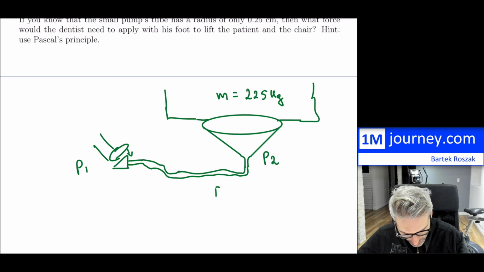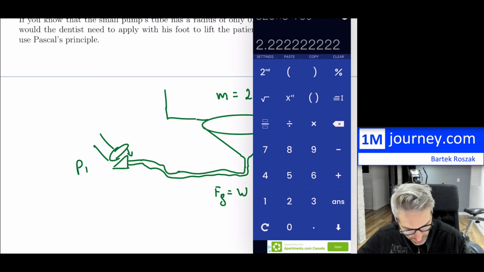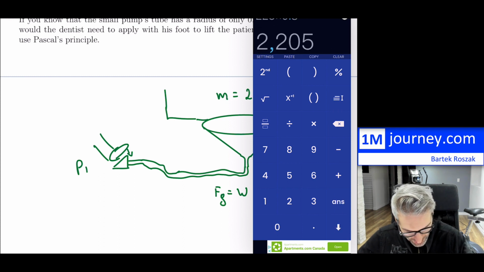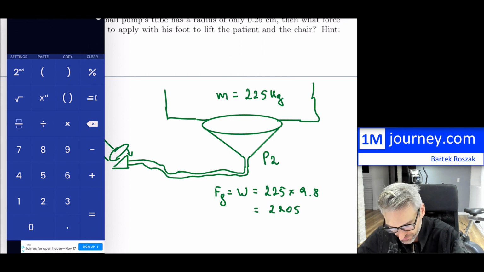So the force of gravity, or the weight of the patient with the chair, is mass times gravity, which is 225 multiplied by 9.8. That's the actual weight, or the force, that we have to overcome. So this is 225 times 9.8, and you'll see that it's pretty big. It's about that much, and this is in newtons.